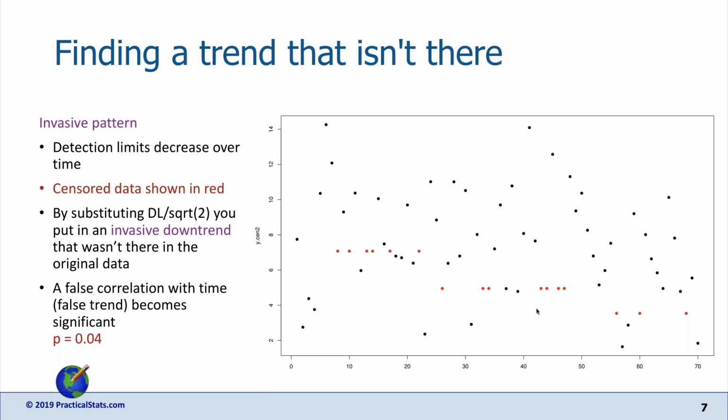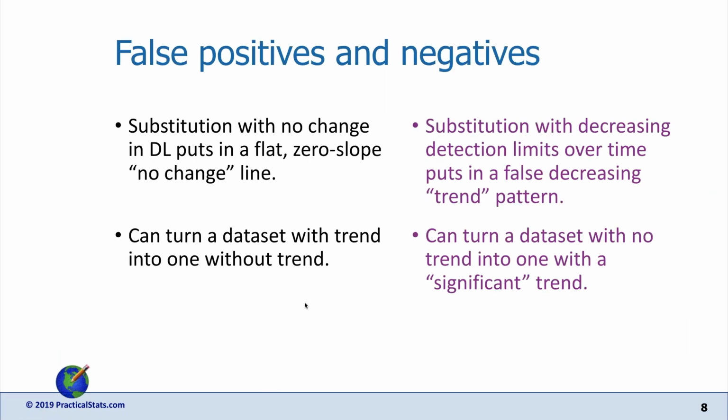So you create a correlation of concentration versus time, and this becomes significant with just this fairly modest amount of censoring of 20%. We get a p-value of 0.04 and say that there's a correlation. There's a significant downtrend when there's not. So you can find a trend that's not there.